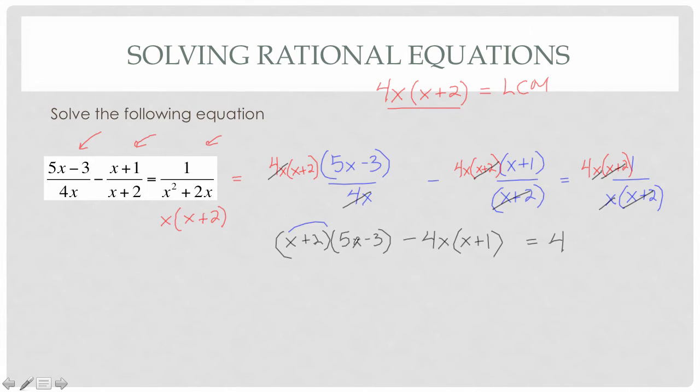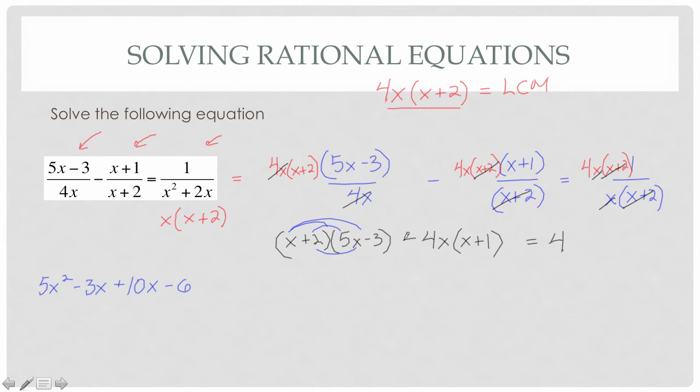So we got x times 5x. I'm going to rewrite it here. So we've got 5x squared. Then we've got minus 3x. And then we've got plus 10x. And then we've got minus 6.